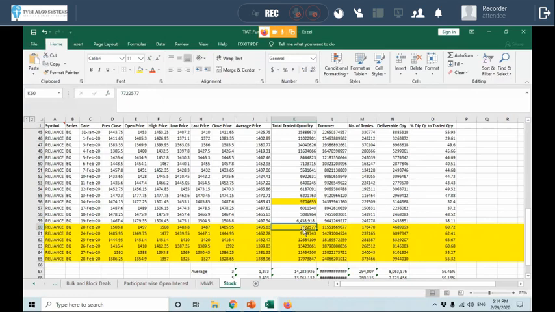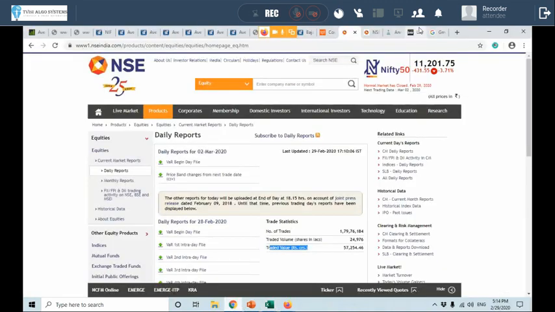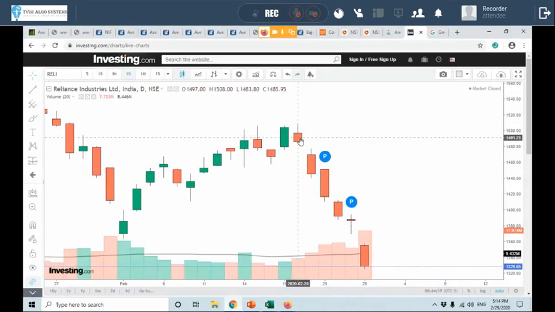Means someone has sold this on delivery basis. On this candle on 20th of Feb, some big guy has sold Reliance from his portfolio. And if you look at the average volumes, this is all very low. This red bar is still below the average volume.